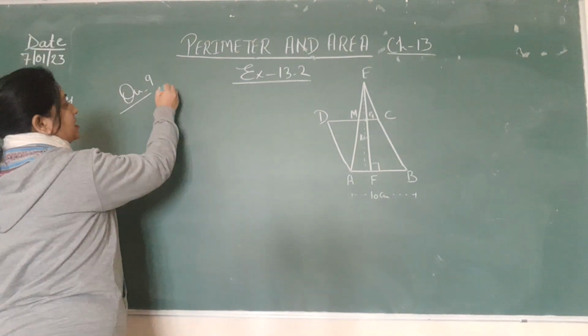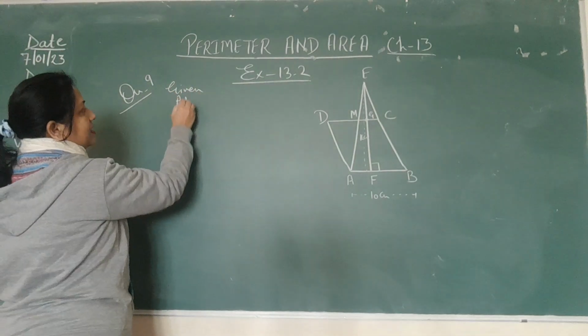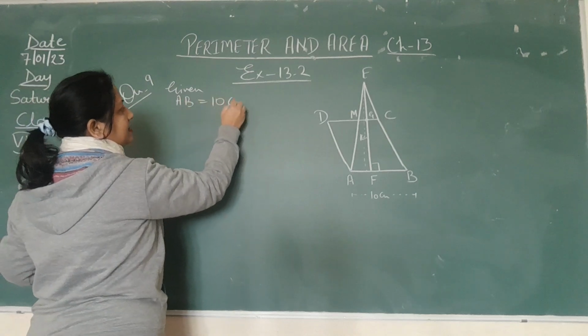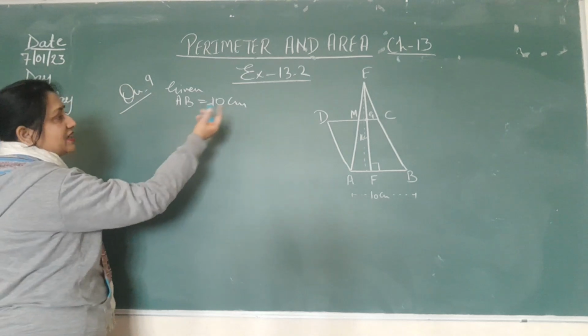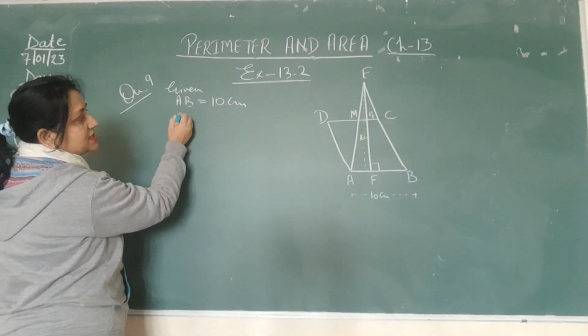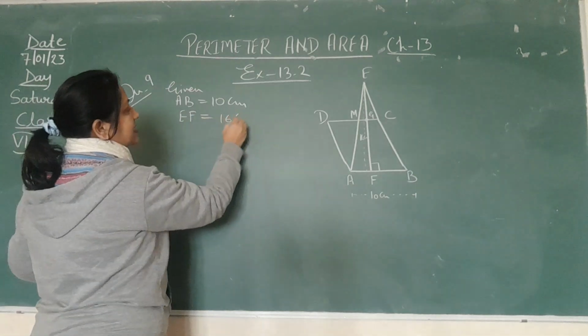In this question, the given values are: AB is equal to 10 centimeter. It means the base of this parallelogram is given, and the height of this triangle is given, which is EF. EF is 16 centimeter.